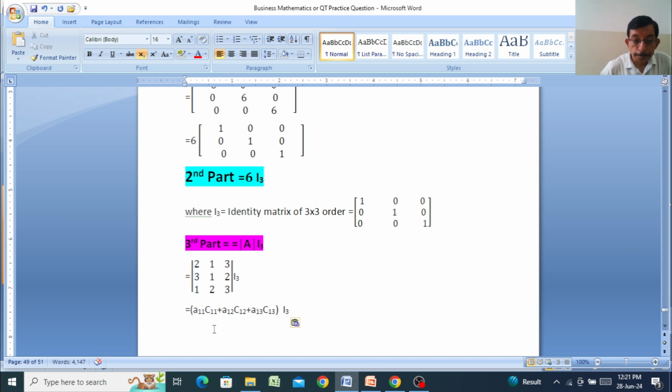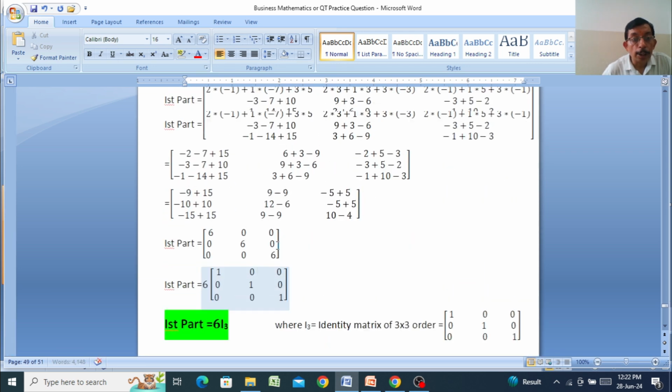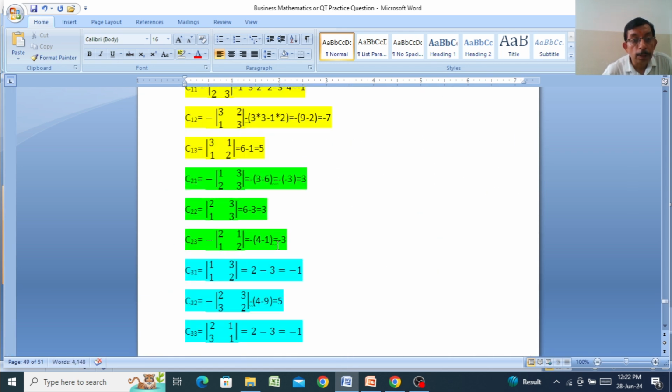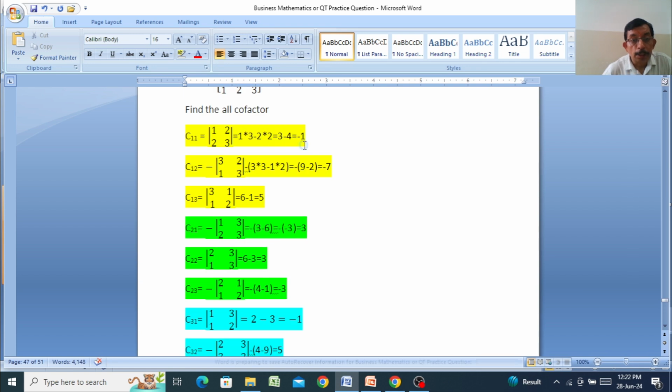Now A11 is 2. C11, the C11 is also calculated in the cofactor matrix. C11 value is -1.